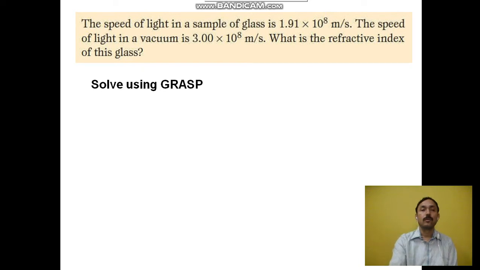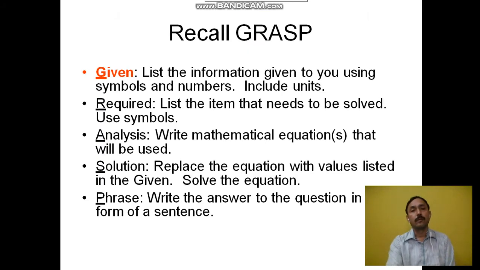So, solve using GRASP. Recall the steps. Given: list the information given to you using symbols and numbers, including units. Required: list the items that need to be solved, using symbols.